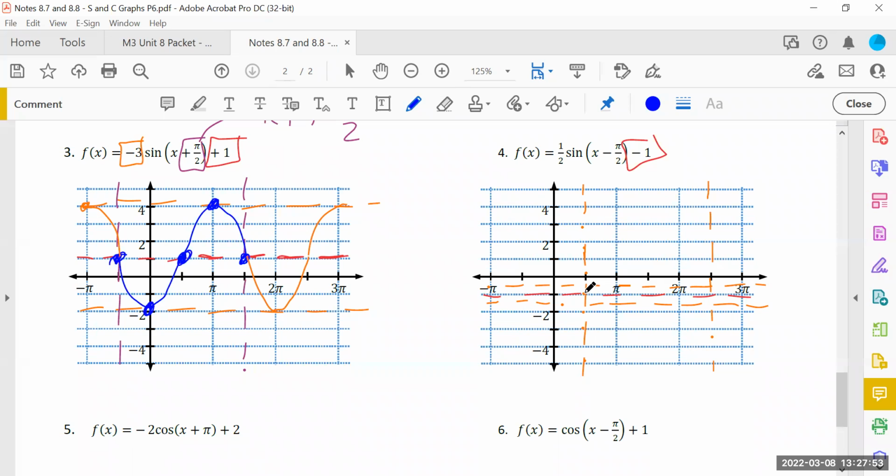And then the graph here, sine starts in the middle, goes to the max, back to the middle, down to the min, back to the middle. It's a real shallow graph. Does that idea make sense to everybody? Any questions about how we got that one?